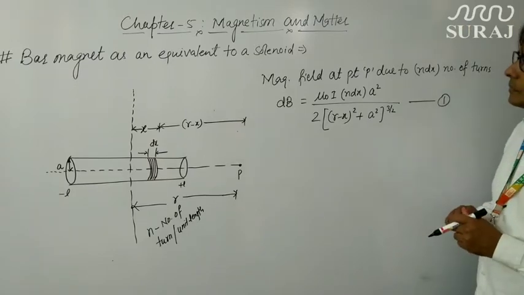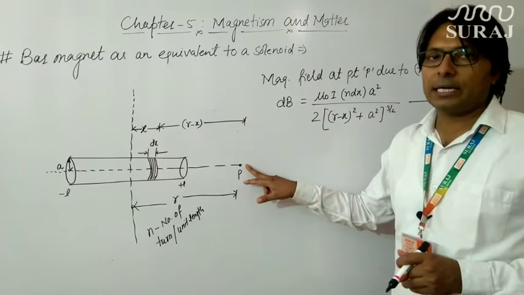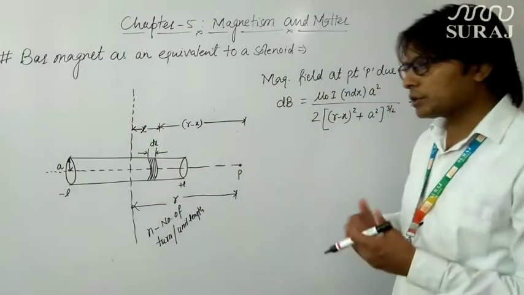Now since we have to find the net magnetic field at point P due to this complete solenoid, what should be done?